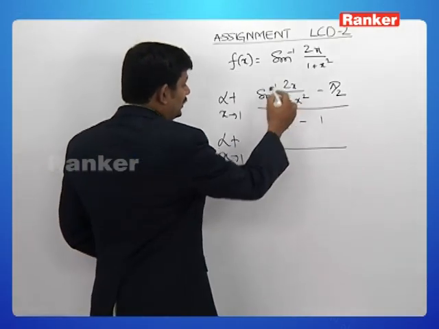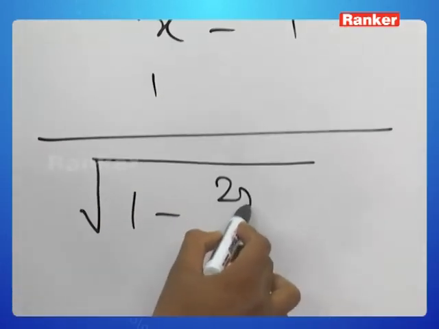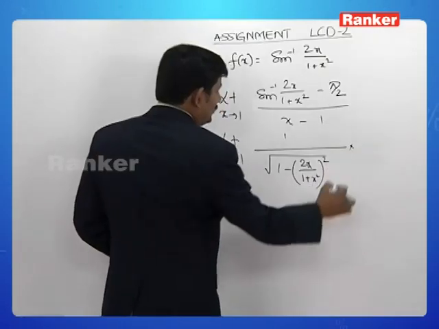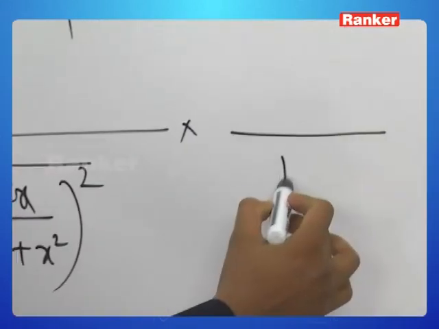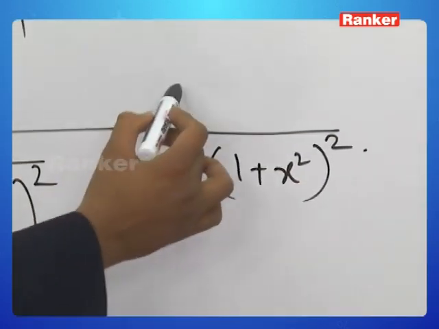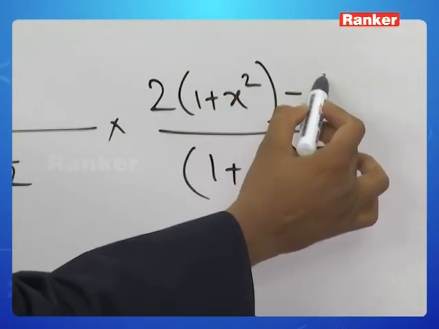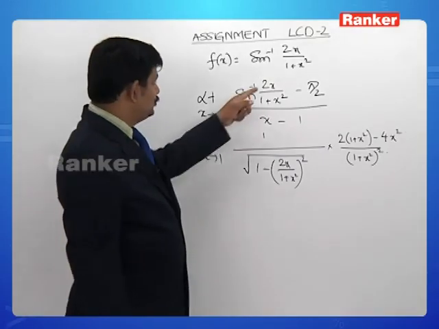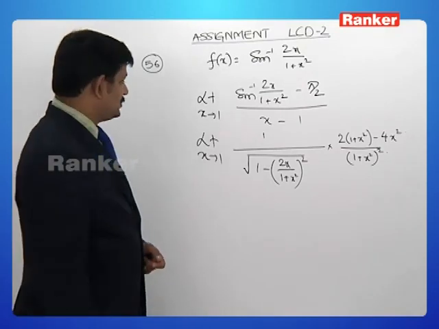Derivative of numerator, derivative of sin inverse is 1 by root over 1 minus x square into derivative of 2x by 1 plus x square, which is 1 plus x square whole square into 2 into 1 plus x square minus 4x square. We have used u by v rule to differentiate 2x by 1 plus x square.